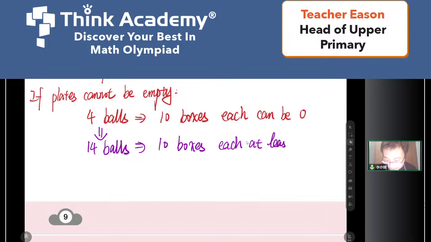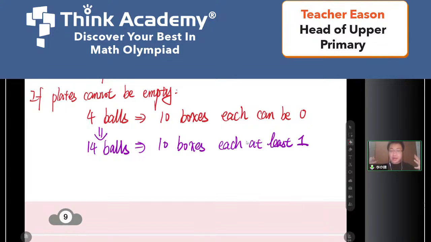This is the way we turn the condition into each box containing at least 1. So 4 balls into 10 boxes, each can be 0, is the same question as 14 balls into 10 boxes, with each box containing at least 1.